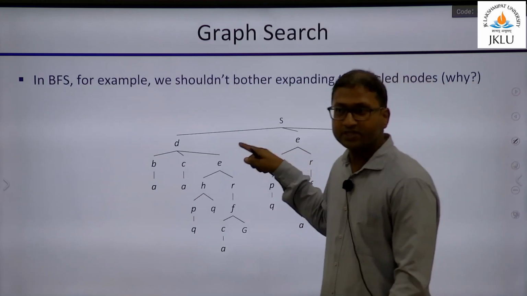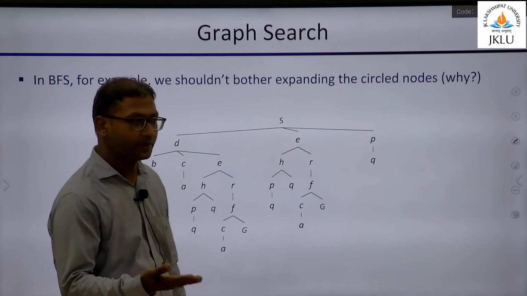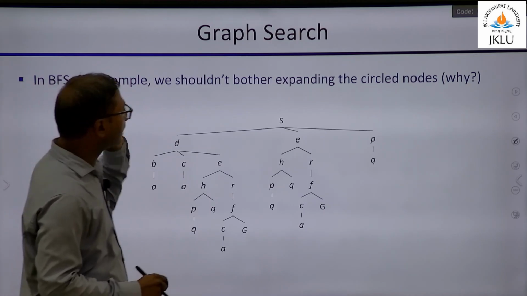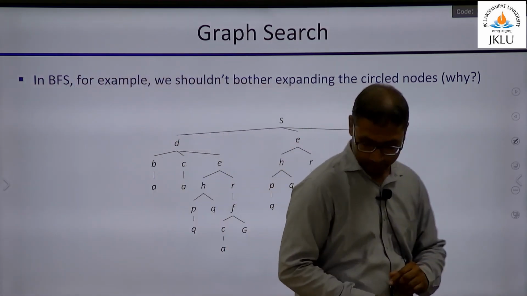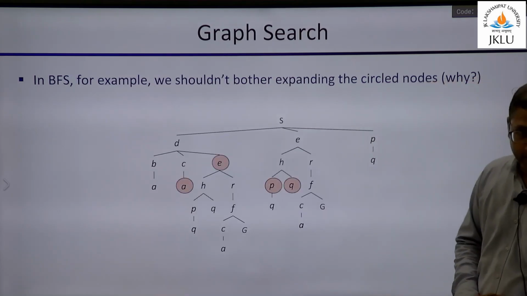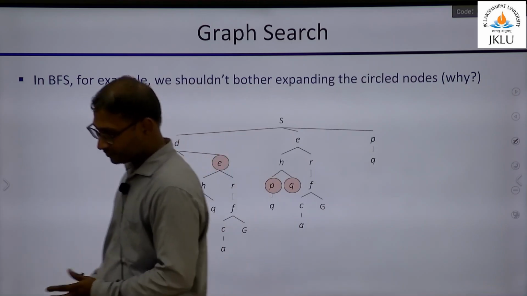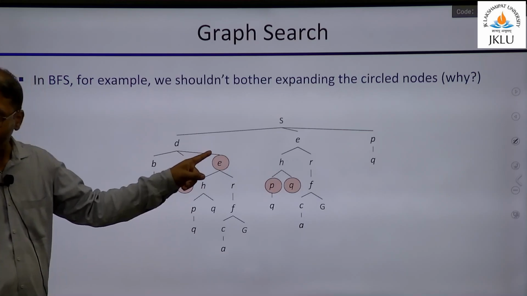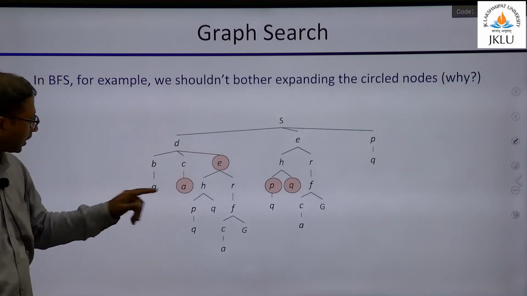Remember, many of you had pointed that out: why would we expand that, because I've already been there. So we are doing that same thing now. In BFS, for example, we shouldn't bother expanding the circled nodes. Why? Now it is trivial for you to answer. E you have already explored. What about A?